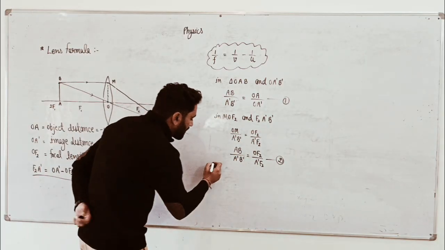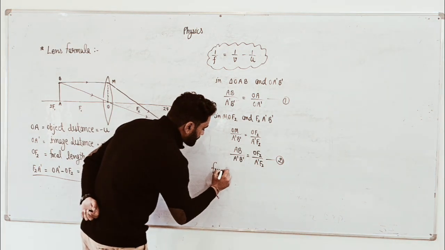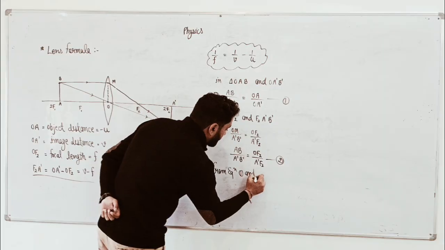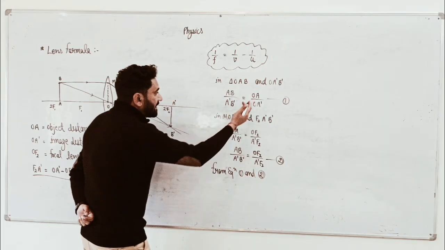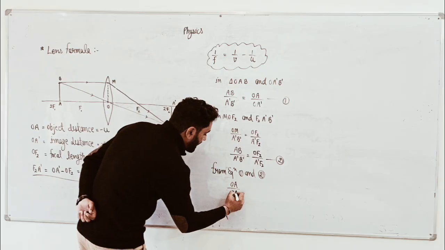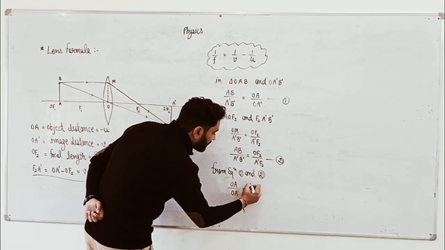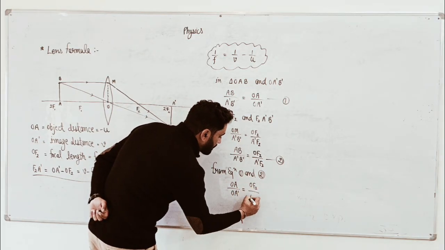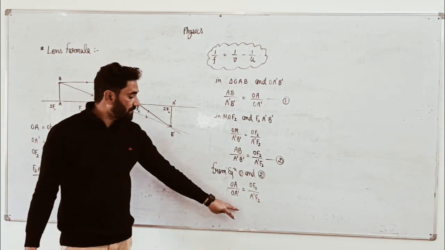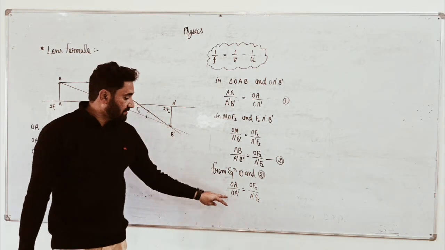So from equations 1 and 2, we can write that OA upon OA dash will be equal to OF2 upon A dash F2. So we are getting this form.